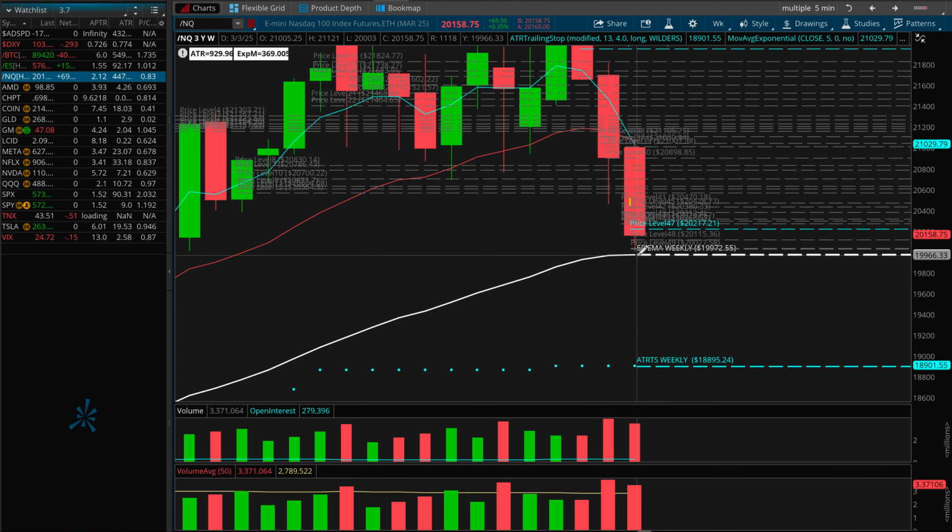So we're looking at the 50 EMA on this weekly chart. I marked that level. And guess what? This ATR trailing stop, y'all know, in my opinion, is strong support or strong resistance. That tells me by looking at this weekly chart, if by chance NQ breaks from this level, we could very well come down to this level. However, this is a weekly chart.